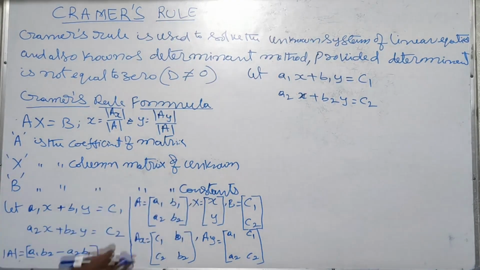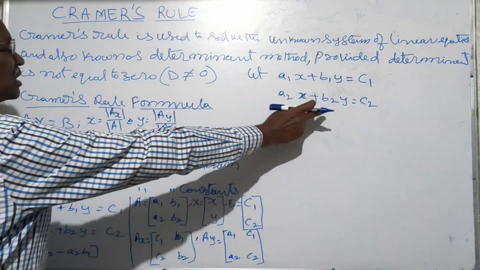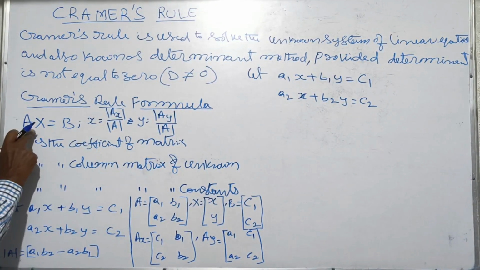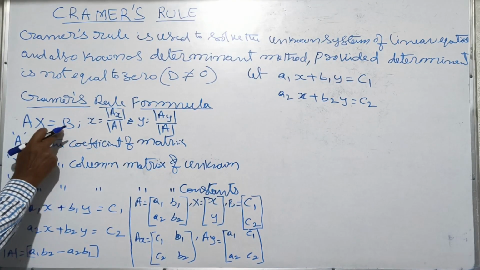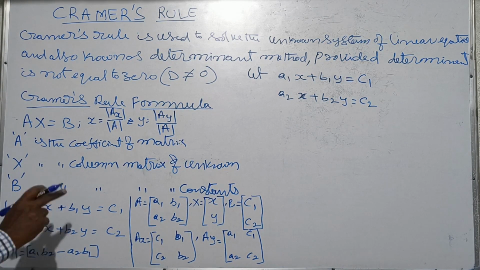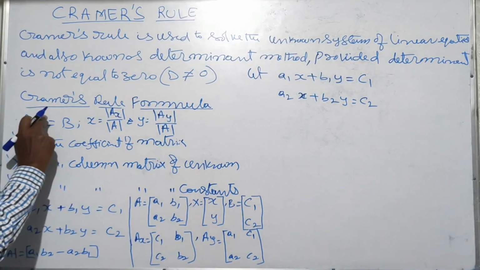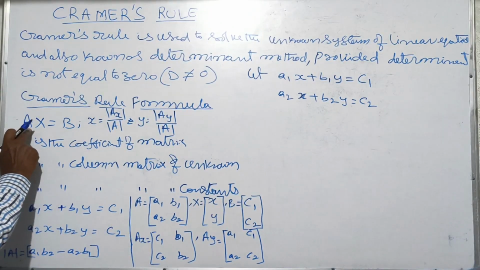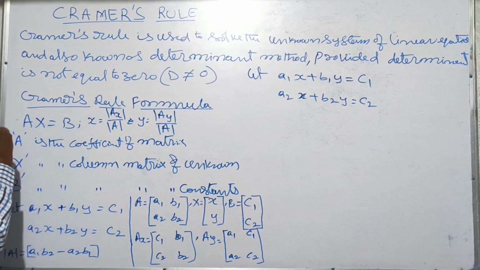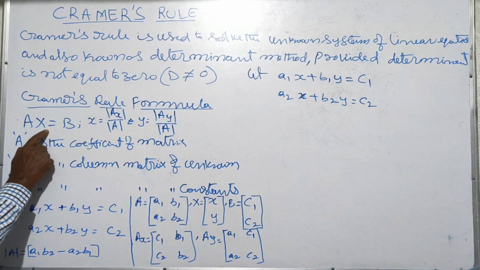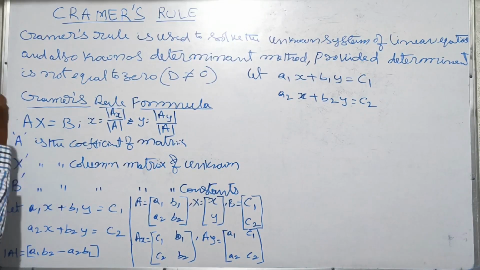In Cramer's rule, A into X is equal to B. That means the coefficient matrix into the unknown matrix is equal to the constant matrix.